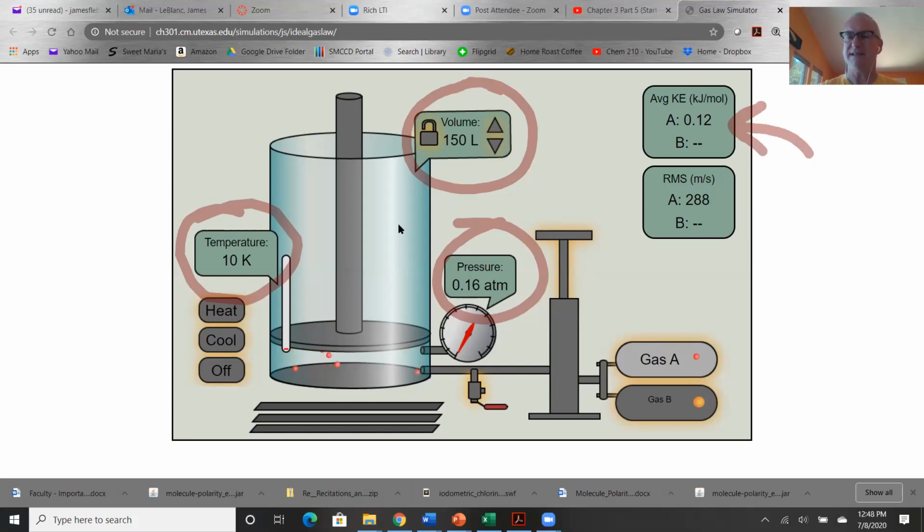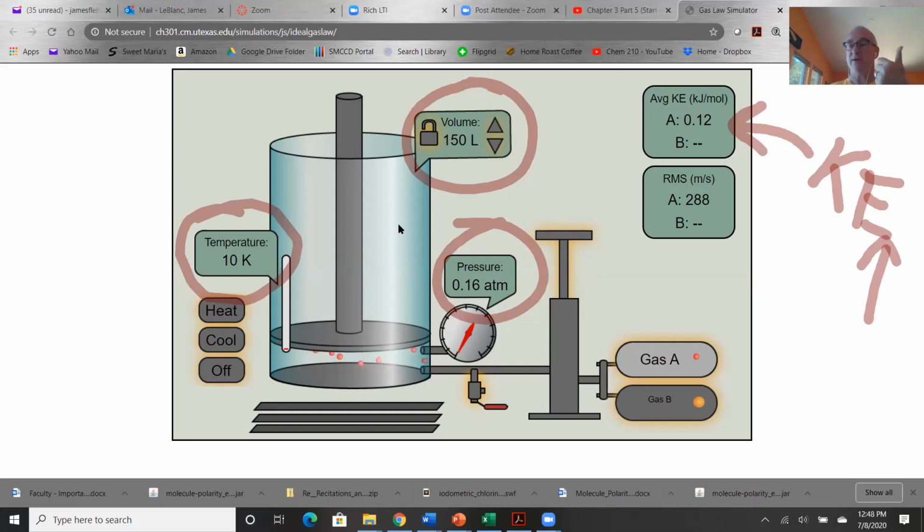Anyone know what KE stands for? Anyone taken physics? If something's in kilojoules per mole, we know E is energy, because joules measure energy, right? So what's K going to be? Kinetic. Kinetic, very good. Kinetic energy.